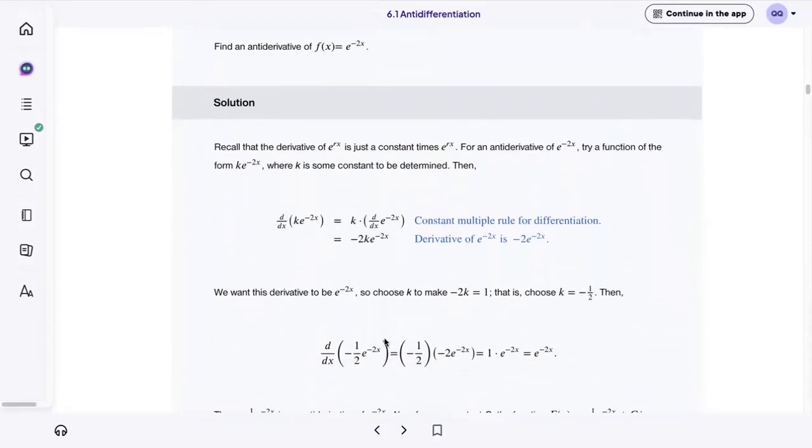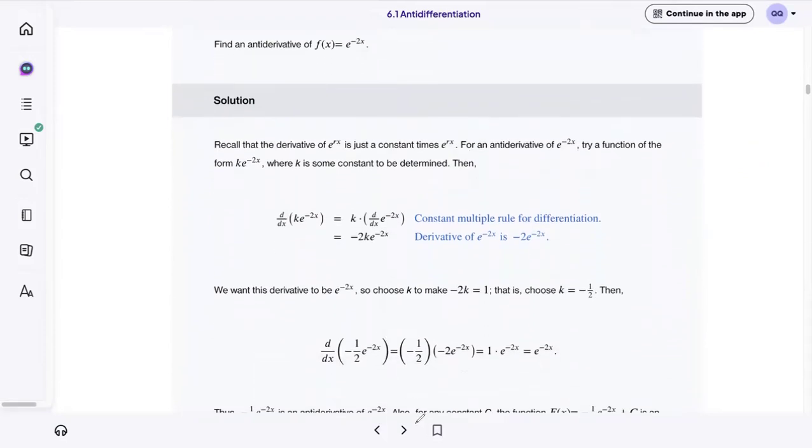Let's see this one. We want to anti-differentiate e to the negative 2x. Remember we have f prime of x equals m times f of x, right? What is this m? m is the derivative of the exponent.